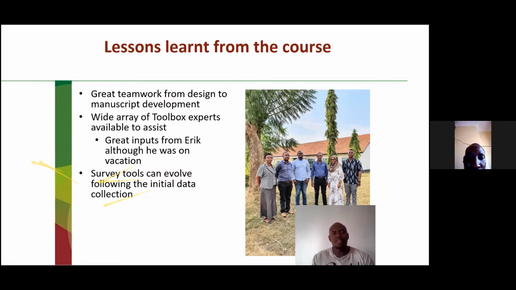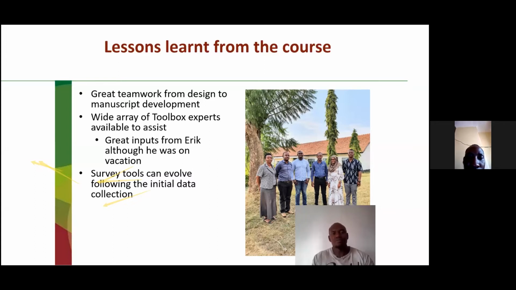And also the RTB toolbox has a wide array of experts who are available to assist. We are thankful to input from Eric of Alliance for Biodiversity and CIAT, who, although he was on vacation, came through in assisting on different matters, especially on the network analysis.